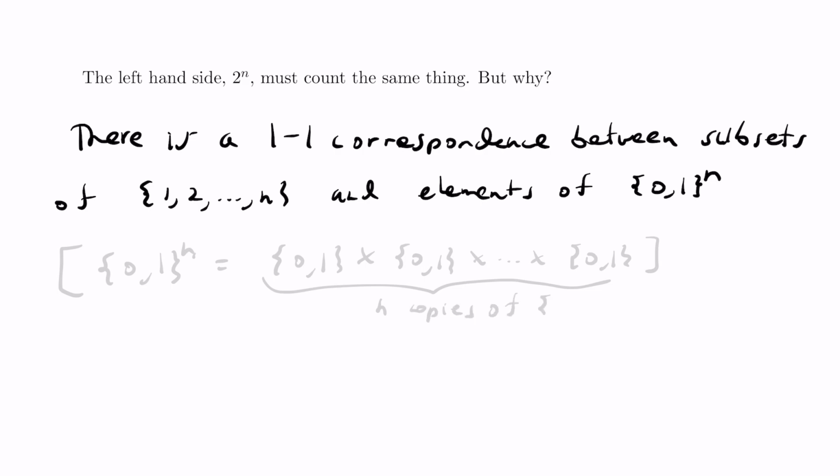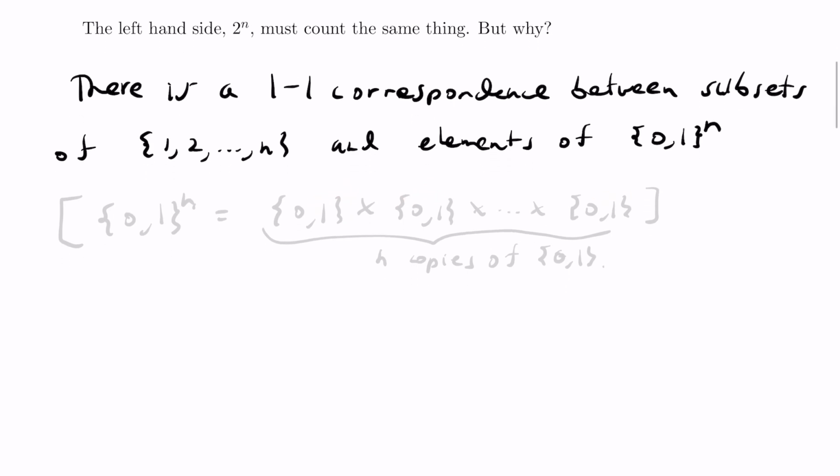So this is altogether n tuples of points whose coordinates are all in the set {0, 1}. Now, what is this correspondence?